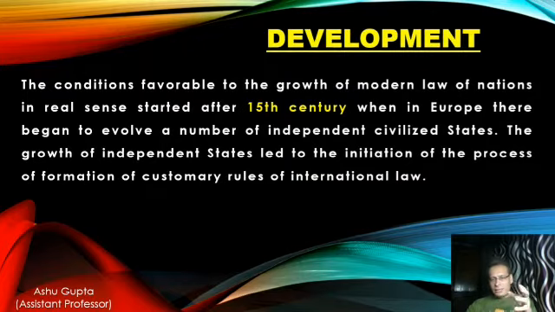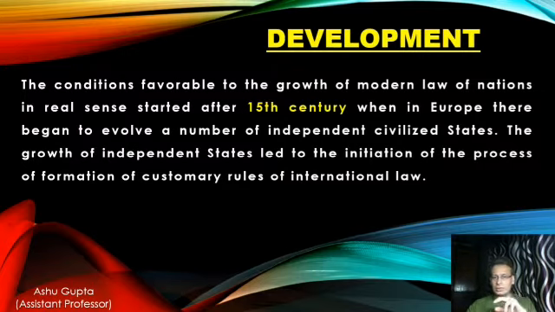It is about 400 years old, when there was a need to develop international law. But basically it developed after the 15th or 16th century, when in Europe a number of independent civilized states began to evolve.